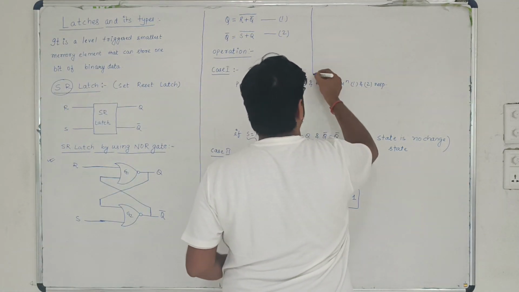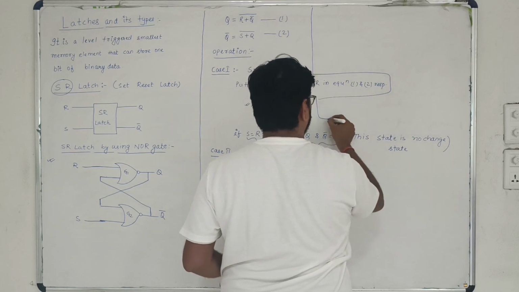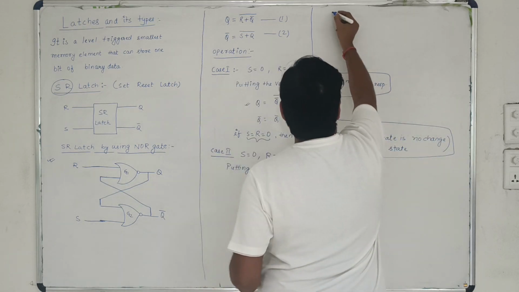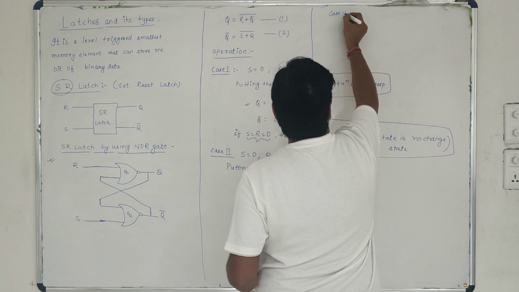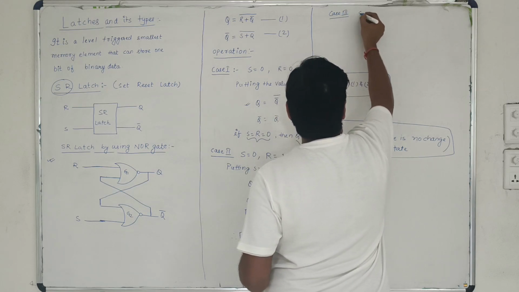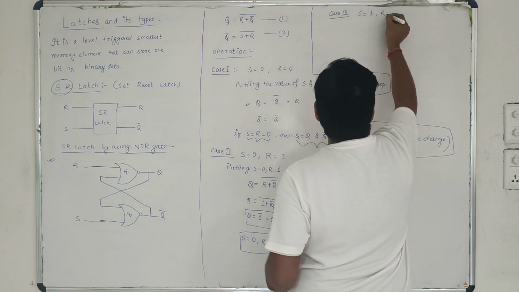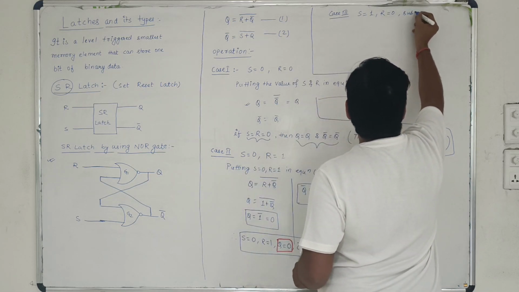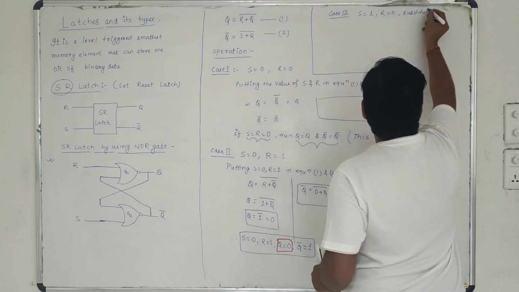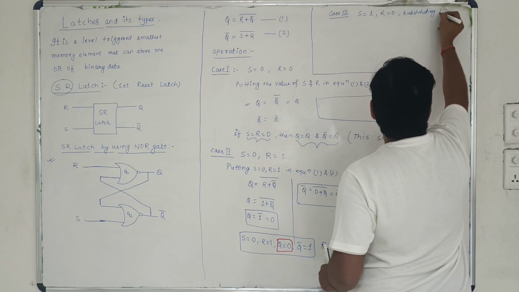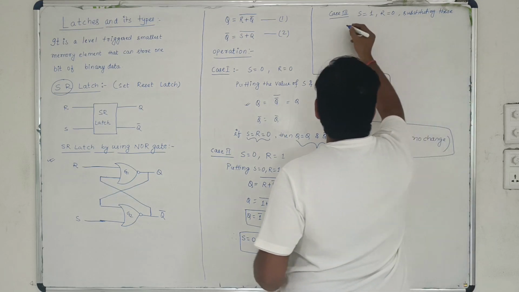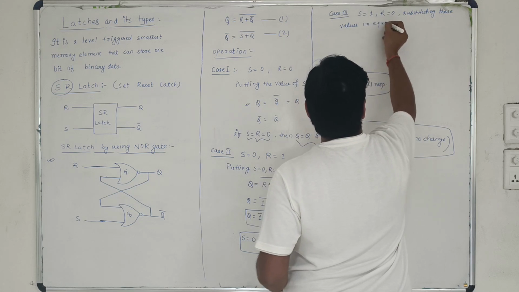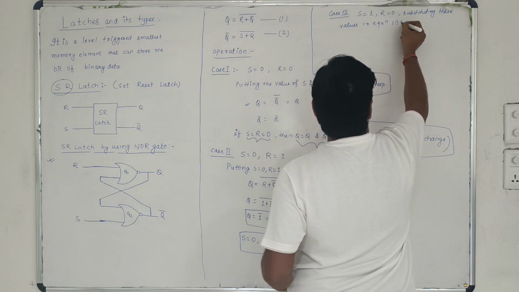Now we will move on to the other states, that is case 3 and case 4. So we'll go for case 3. What is case 3? Case 3 is S equals to 1, R equals to 0. Now substituting these values in equations 1 and 2.